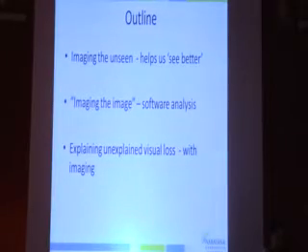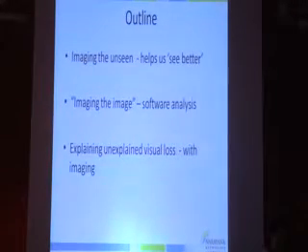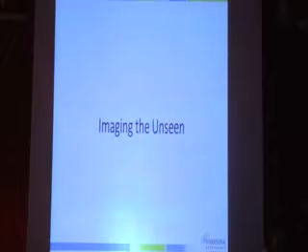And imaging the image, which is going to be some experience we've been having with software analysis. And the third is going to be just a few cases of explaining unexplained visual loss, again, kind of a paradox.